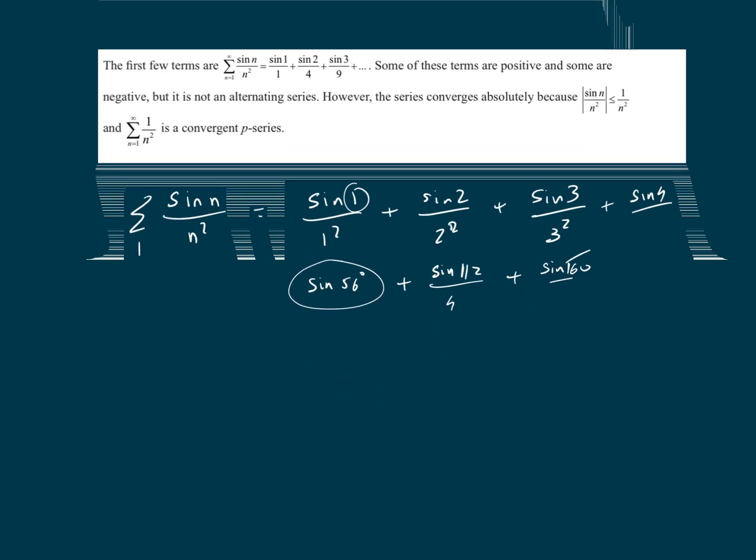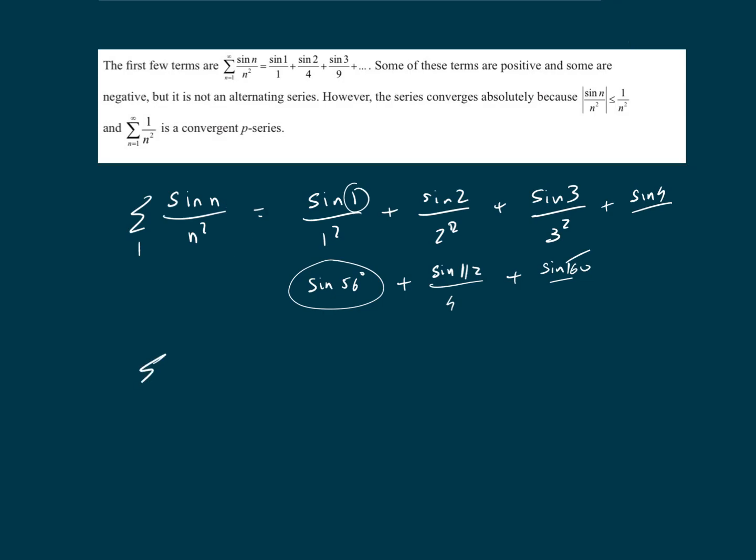What we will do is the following. We will analyze the series of the absolute value. So we'll analyze the summation from 1 of the absolute value of sine of n divided by n squared.